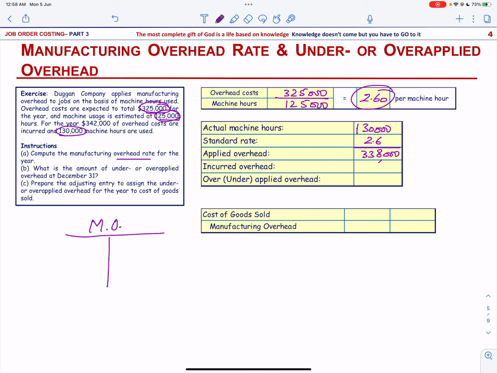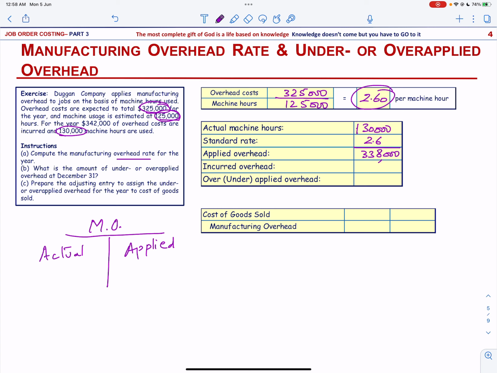The cost of goods manufactured schedule in job order costing has one exception, and that is the schedule shows manufacturing overhead applied rather than the actual overhead cost. Now the company adds this amount to direct material and direct labor to determine the total manufacturing cost.